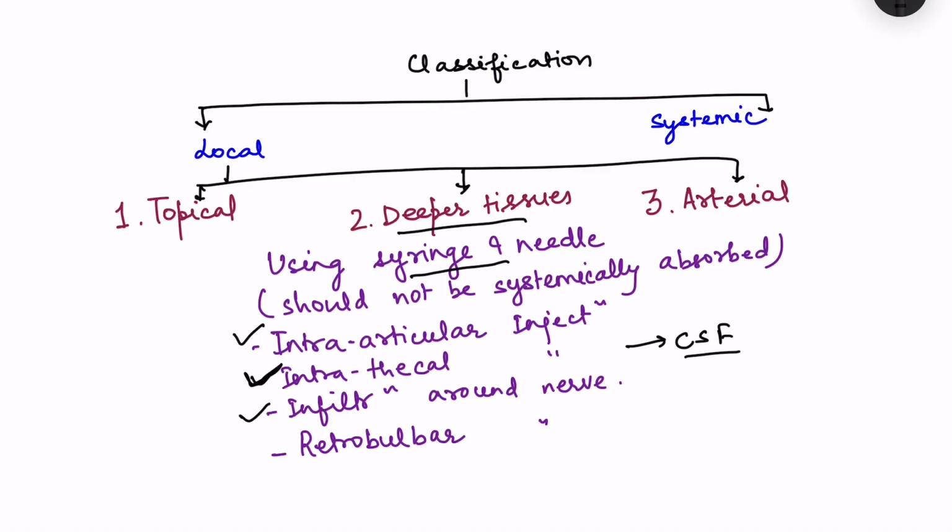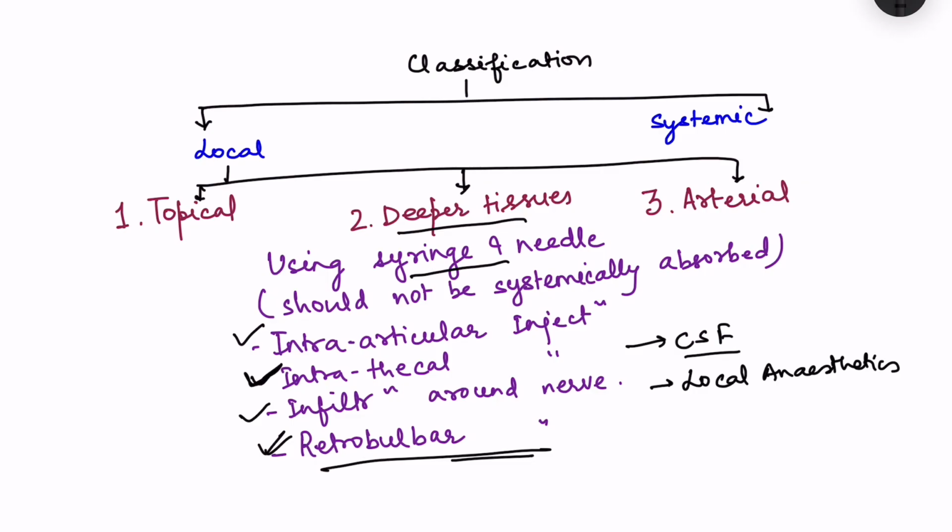Infiltration around the nerve, for example infiltration of local anesthetics. Okay, then again retrobulbar injection, that means behind the eye the drug is given. Again one example is anesthetics can be given to block the optic nerve. Okay, so these are deeper tissues.